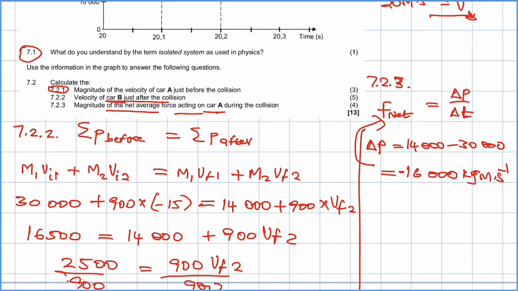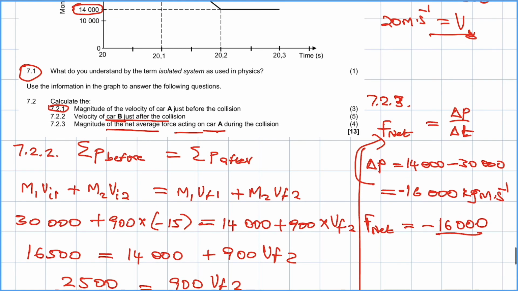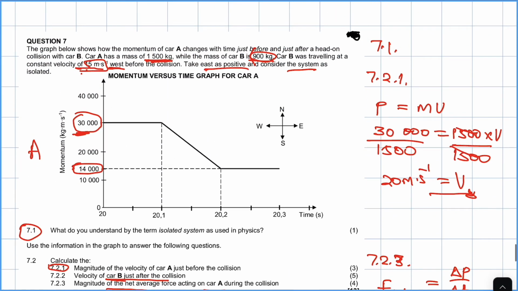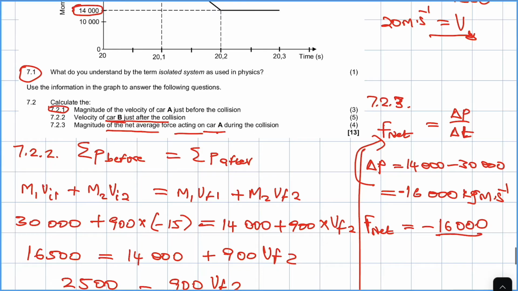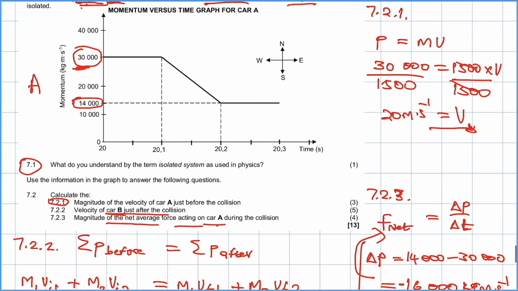Now we substitute that into this formula. F net is equal to negative 16,000 divided by the change in time. The change in time is given as 0.1 seconds.